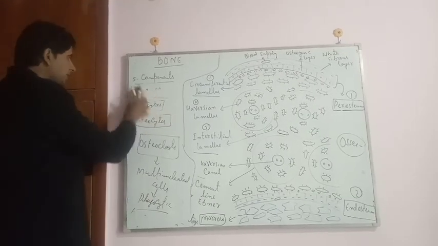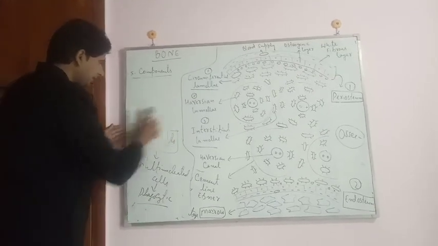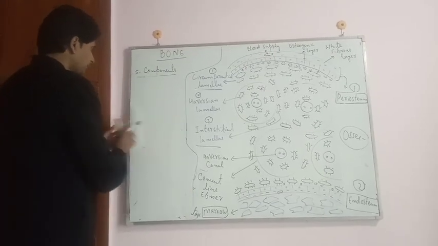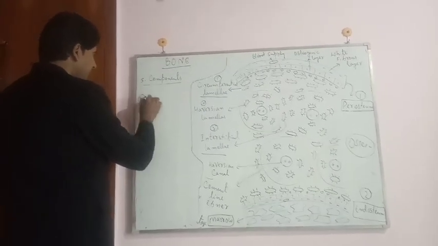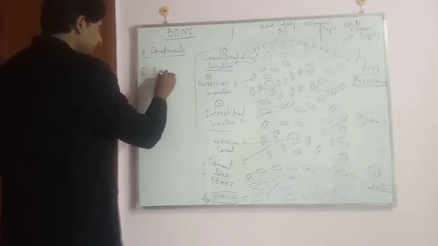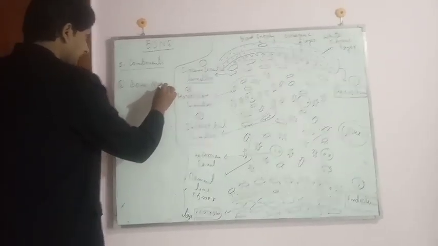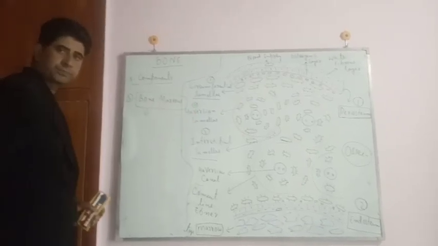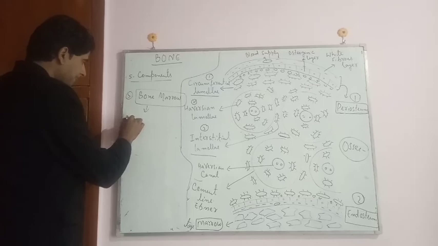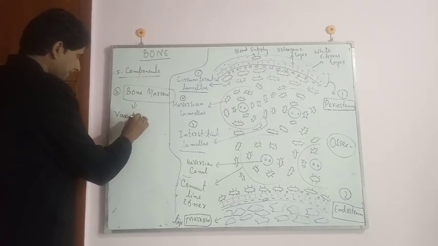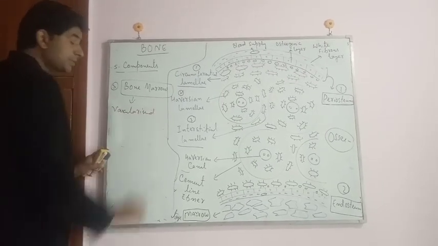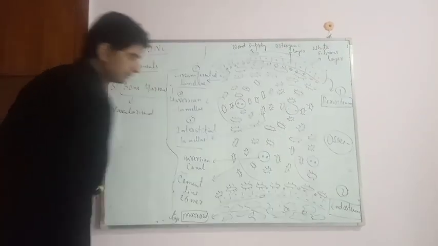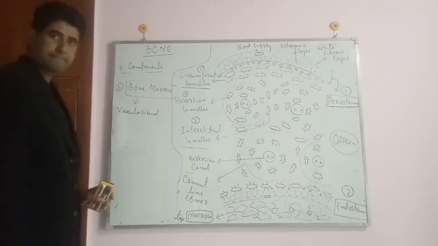Now the fifth and last component of bone, that is bone marrow. The bone marrow is vascularized, meaning it is provided with blood supply as well as nerve supply.